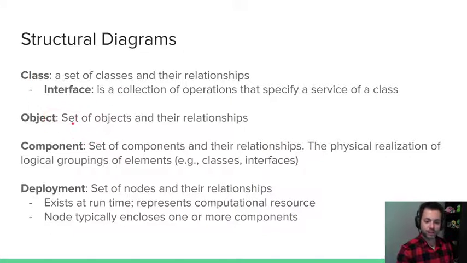We have instantiated classes, which is going to be your object diagrams. We have components, where effectively here, how are we grouping things together? How do they interconnect? If I have a component and another component, and components are basically abstracting upwards, how do they talk to each other? How do they logically interface?